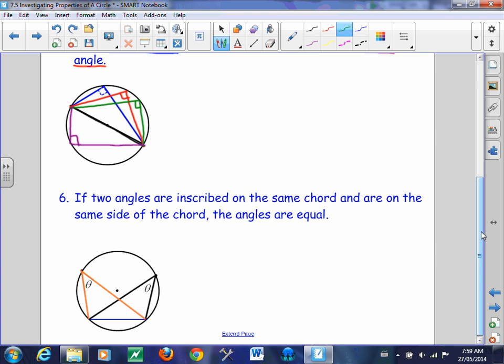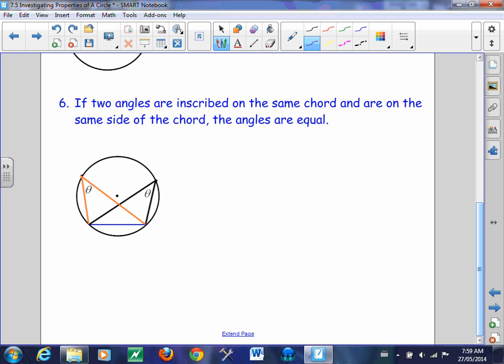So for example, if we take this blue chord here, ladies and gentlemen, and we subtend or extend to where these two ends would meet, we do it on the red and then we do it on the black. These angles will meet and these two will be equal. What I mean by that is that this theta or this inscribed angle will be the same as that.